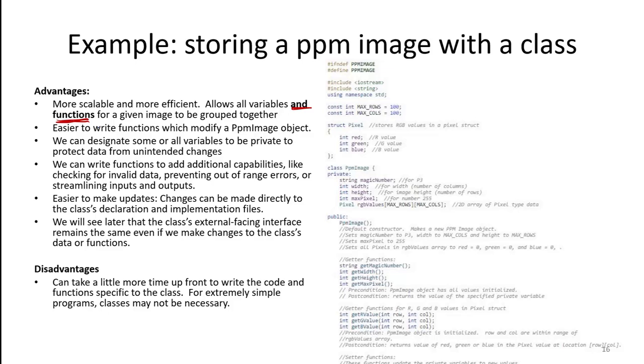Like with structs, it's easier to write functions that modify a single ppm image object rather than a whole bunch of stray variables. Another big benefit of using a class for our ppm image is that you'll see that we are able to designate data as private.